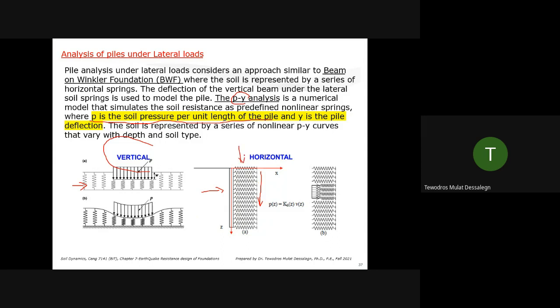They can be nonlinear. The nonlinearity means it may not be constant. If you remember the K value, we have been estimating it in the theory of vibrations in the previous chapters. They are dependent on G, right? If the soil is degrading, then the G value also changes, right?